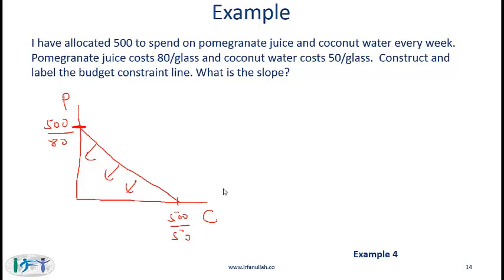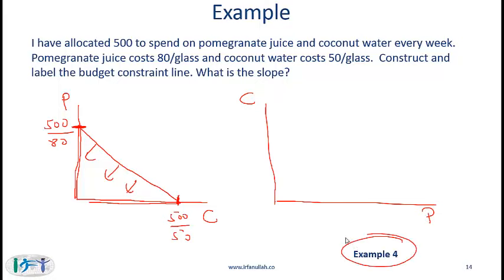If I spend all my money on coconut water, then I will get 10 glasses of coconut water. The slope is simply change in y over change in x. It would be perfectly acceptable to do this the other way, where we have coconut water on the y-axis and pomegranates on the x-axis. Now do example 4 from the curriculum.